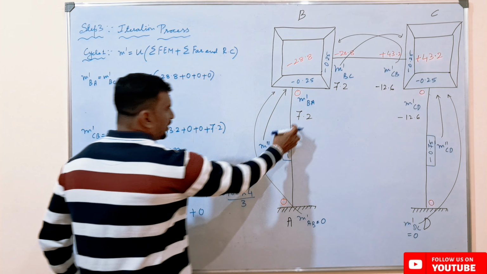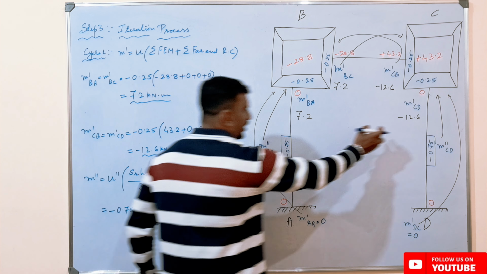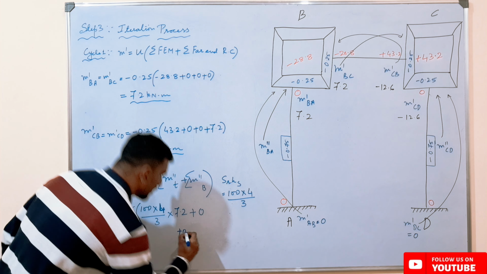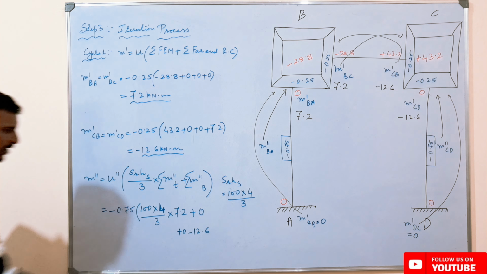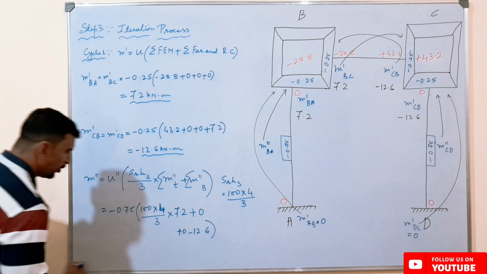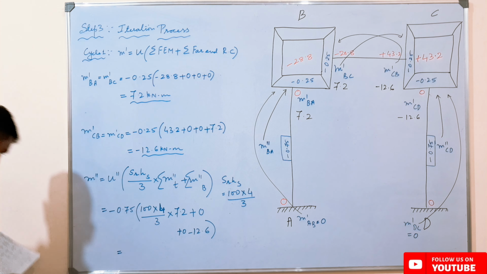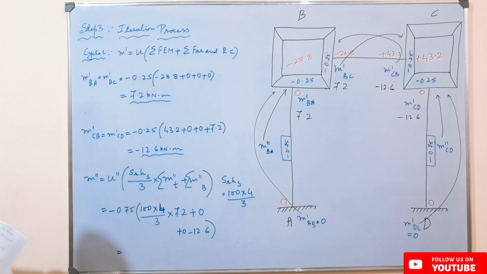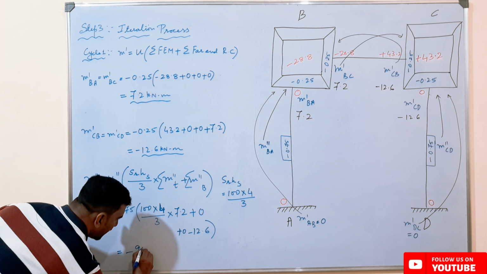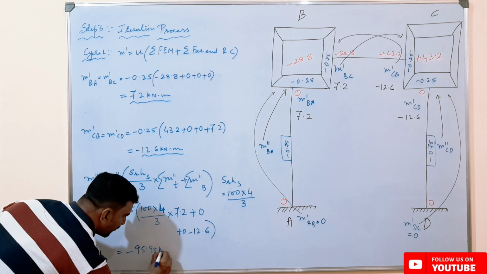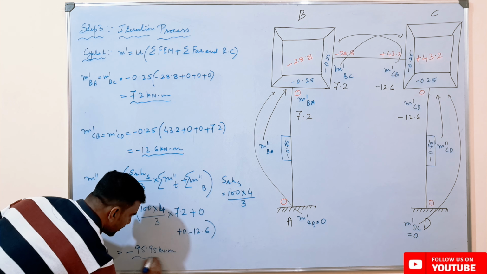At the top we are having 7.2 and one more value, minus 12.6. So if we calculate these values, we are having a value of minus 95.95 kilonewton meter. So this is the value.